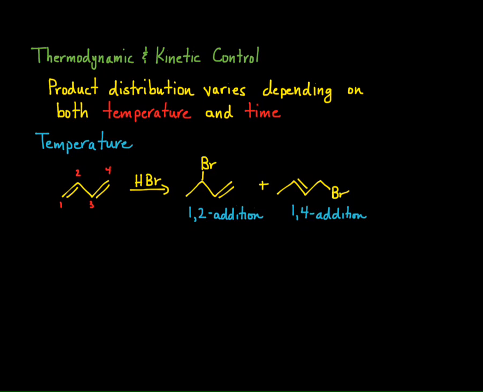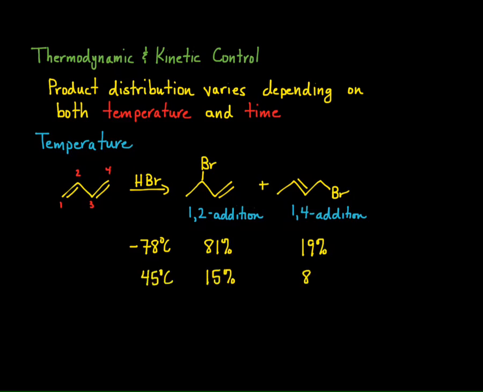And when we look at the product distributions of these, we see that when I do this at a very low temperature, so in this particular example, the reaction was run at minus 78 degrees, the product distribution is 81% and 19%. 81% 1,2 addition, 19% 1,4 addition, right? So we see that at low temperatures, 1,2 addition is favored over 1,4 addition.